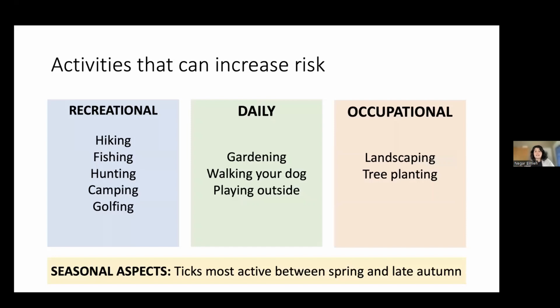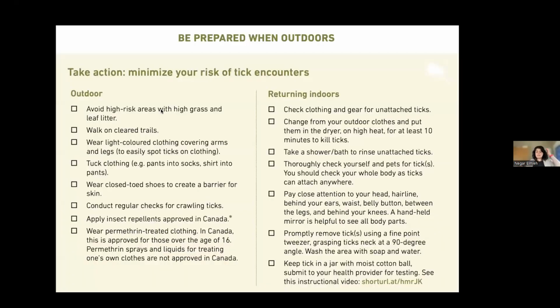So the seasonal aspect, we're likely going to see a change. Ticks can also survive winter months by being insulated under tree litter, brush, and snow. So again, the seasonality is important, but we also need to know that seasonality can quickly change based on our climatic variables.